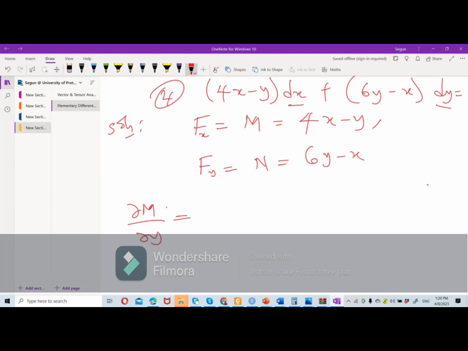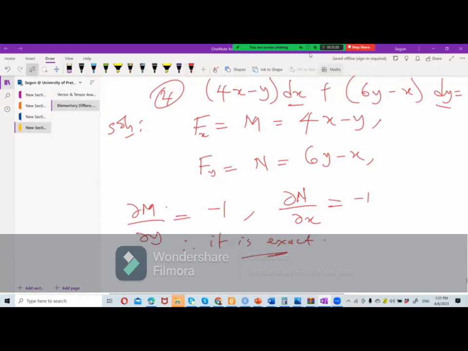So differentiate with respect to y, you have minus 1. Now, the second one, the n dx, differentiate this one with respect to x, is still minus 1. Therefore, the problem is exact. It is exact.